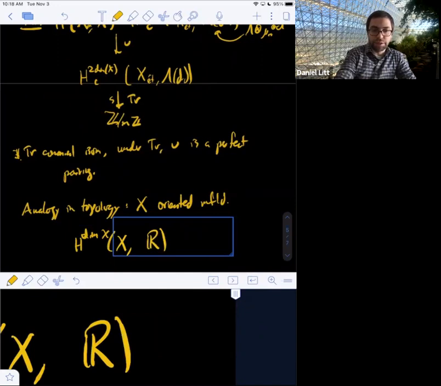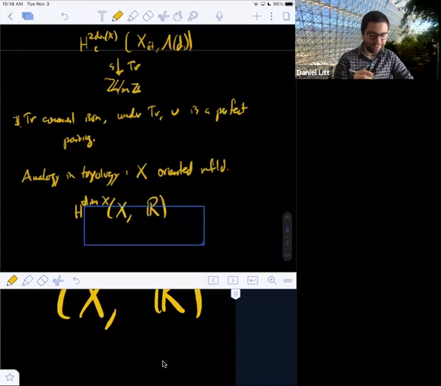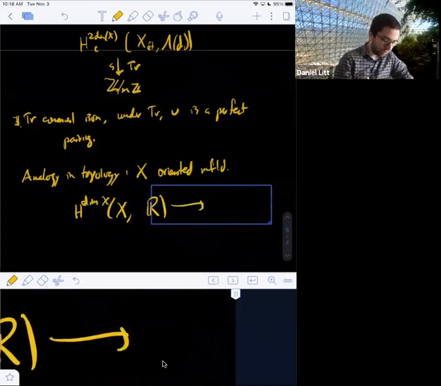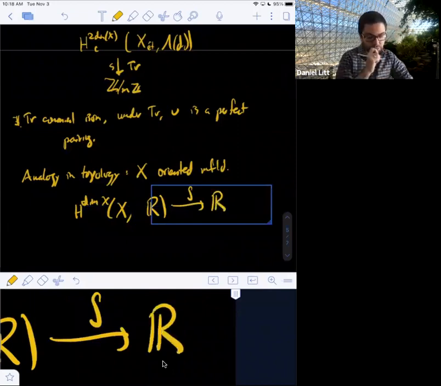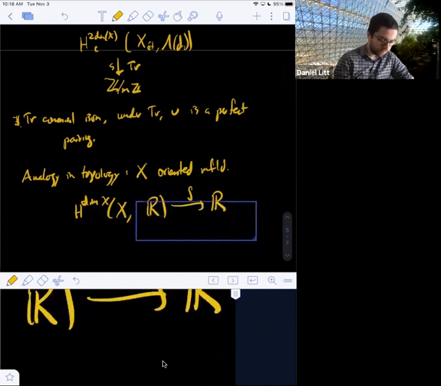If we just think of this as de Rham cohomology, what is this? This is given by top forms on X, and we have a choice of orientation. So that's a top form, and then there's an integration map to R. So this is the trace map.